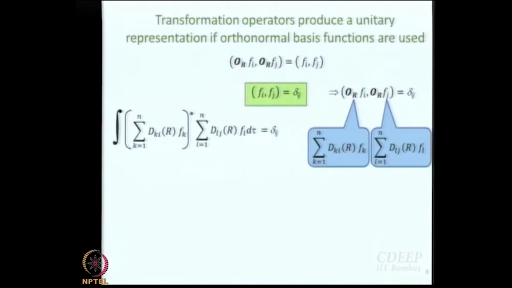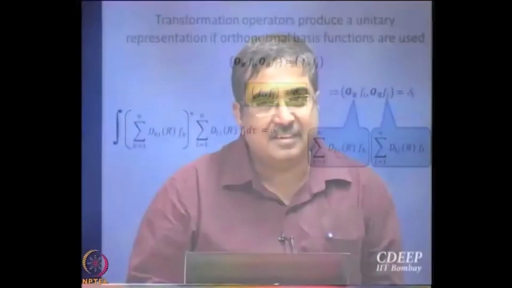Sum over k d_kI r, then sum over L d_Lj r integral f_k f_L d tau, right.